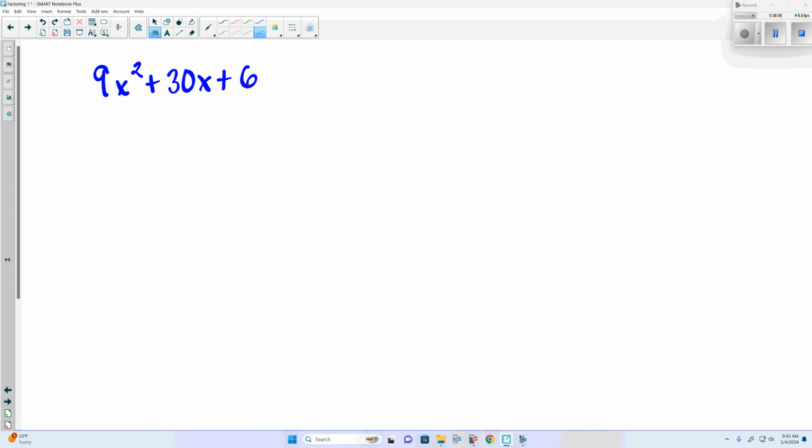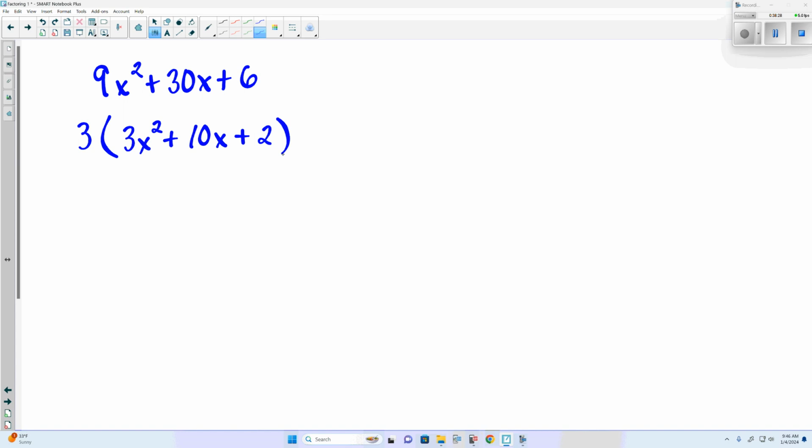And we can factor it out. If we factor 3 out of 9x squared, we have 3x squared. Factor 3 out of 30, we get 10. And if we factor 3 out of 6, we get 2, yes?